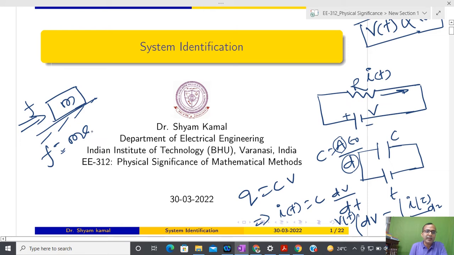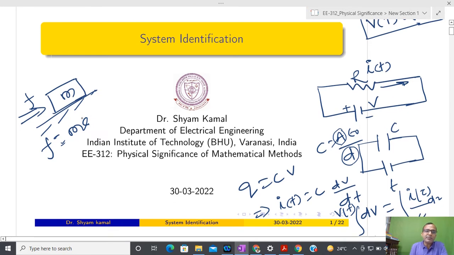Suppose I am just worrying about the acceleration for this particular system. You might have learned that if xt is the position, then I am able to calculate vt, that is dxt by dt, which is the velocity, and after that I am able to define the acceleration.